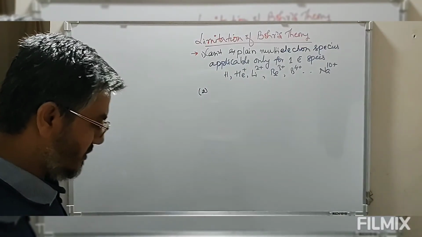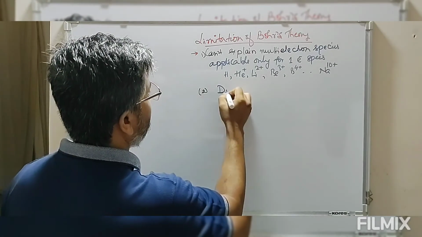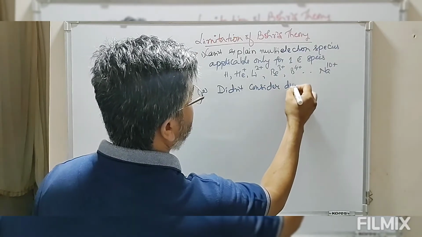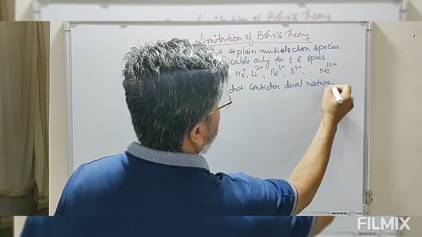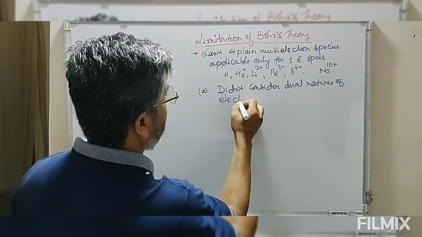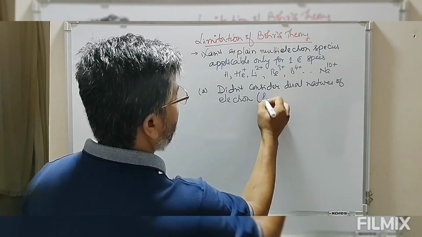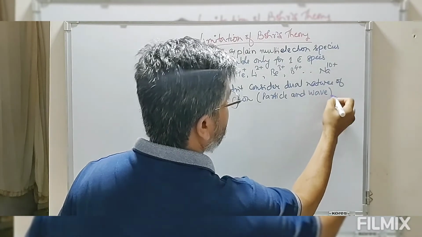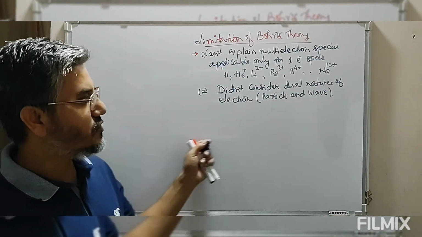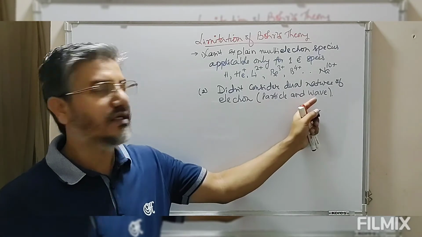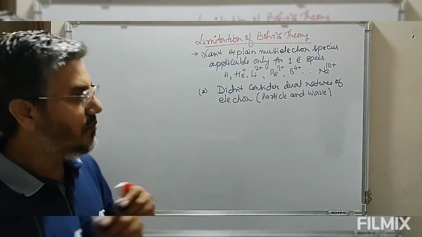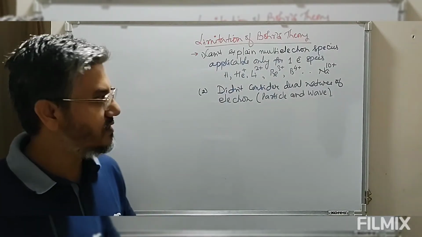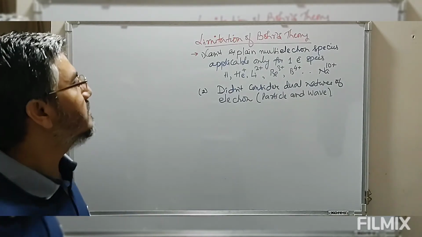Bohr did not consider the dual nature of the electron, that is, the particle and the wave property. He considered electrons only as particles, but in reality the electron shows both. So the dual nature was totally ignored by Bohr.